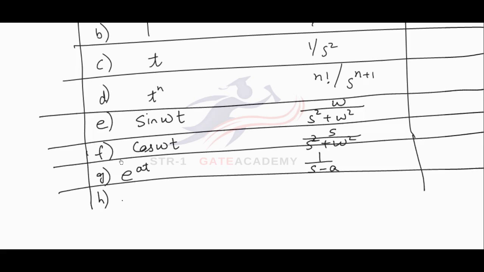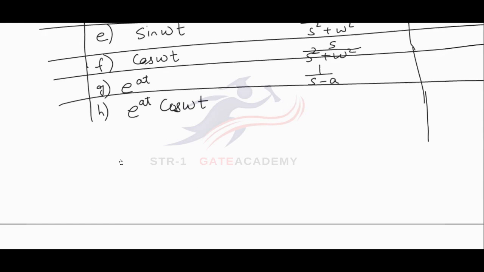Then if it is something like e raised to at into cos omega t, this would be nothing but shifting. It will happen: s minus a upon s minus a the whole square plus omega square.